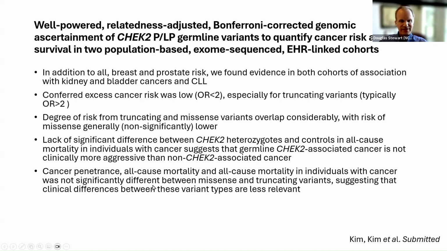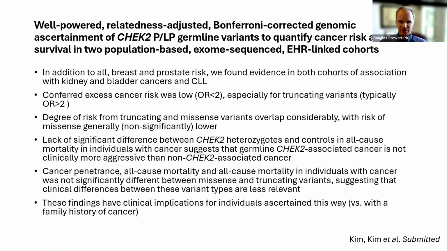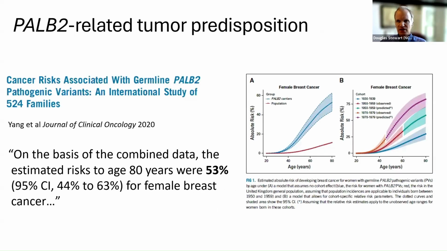And then the sort of summary line here, penetrance, all-cause mortality, and all-cause mortality in individuals with cancer, not significantly different between missense and truncating, suggesting that the clinical difference in these variants is less relevant than perhaps we had previously thought, and have clinical implications for individuals ascertained this way. So independent from having diagnostic testing, from being picked up from a secondary findings or a research study like this.